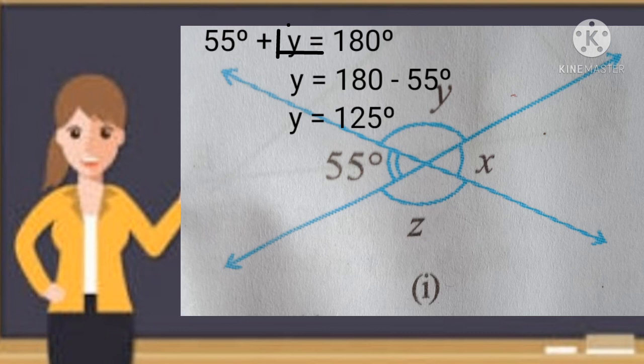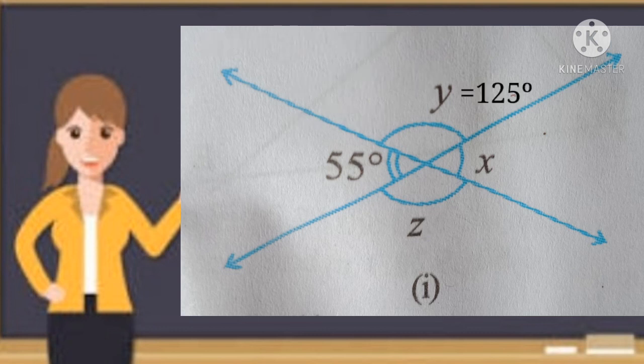Therefore, y is equal to 180 minus 55. That gives us 125. So y is equal to 125 degrees. Now, angle z is vertically opposite to angle y. Therefore, angle z is equal to 125 degrees.